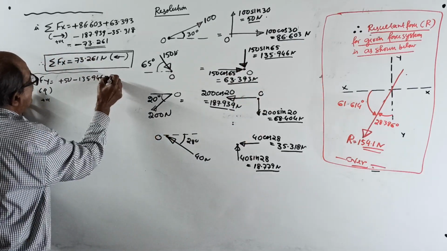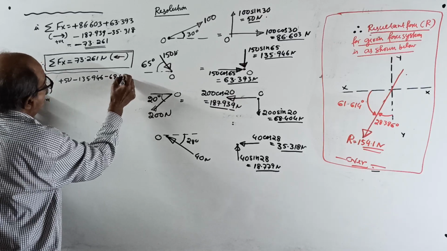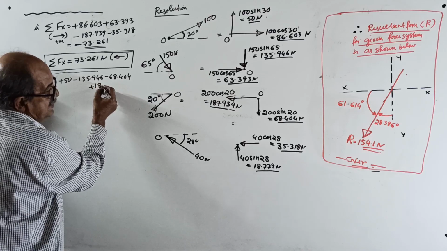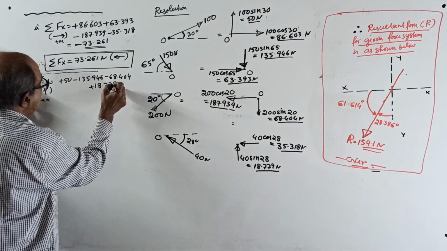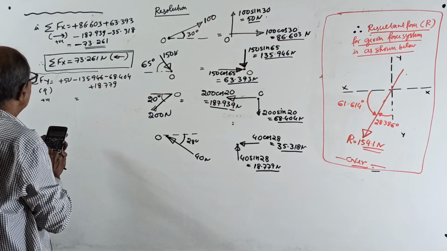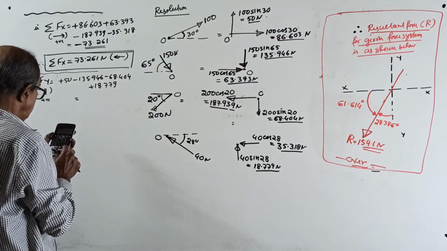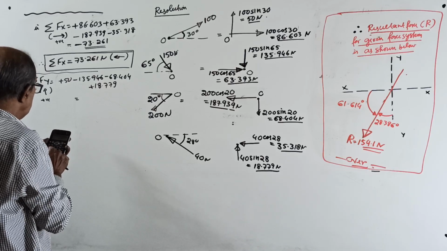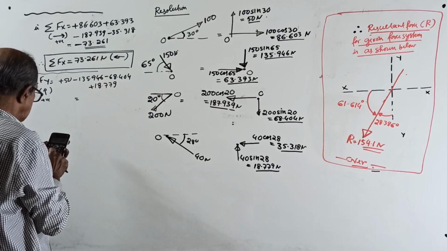Minus 68.404. Lastly, plus 18.779. Answer is 50 minus 135.946. I am this careful because I never do calculation carelessly; I am afraid some calculation problem should not hamper the answer.